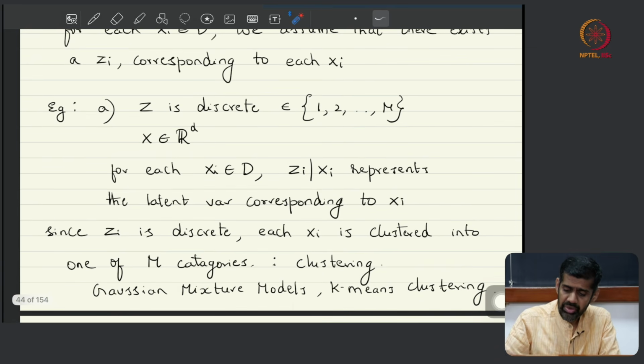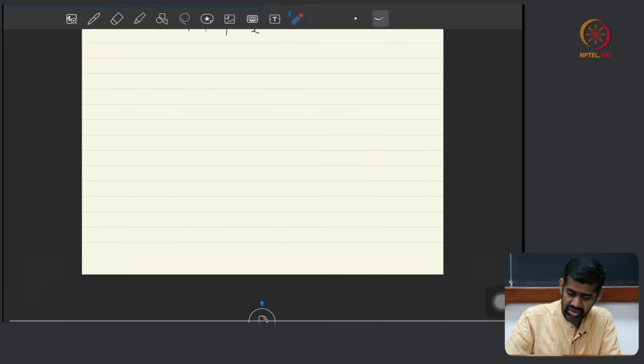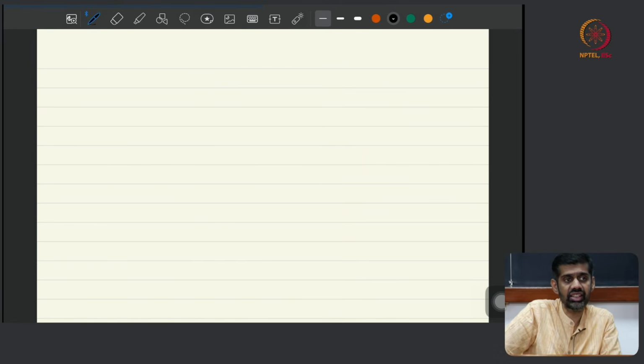So, now let me give you examples of what these latent variables may represent. Suppose z is discrete, the latent variable is discrete. Let us take that example.